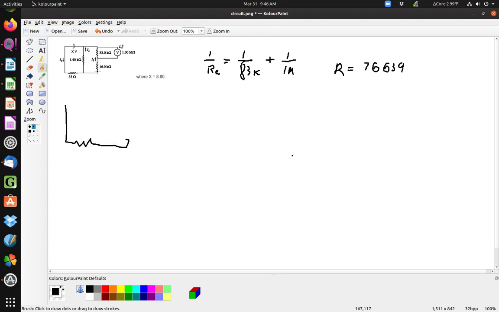Let's go ahead and add this one to it, the 16 kilo ohms. So plus 16,000. So that's going to give us 82,639.